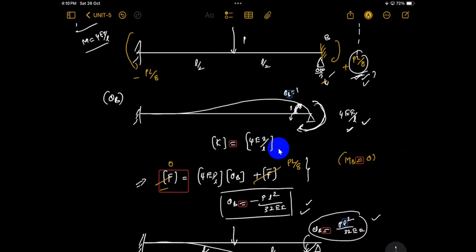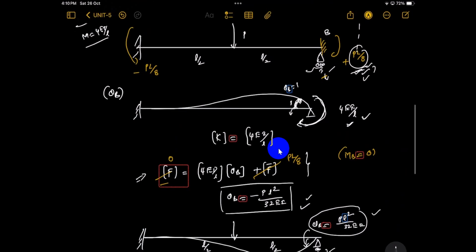But finally we allowed it because it has a hinge support. How much rotation will occur, we want to find out. So per unit rotation this much force, how much it rotated to nullify the PL by 8 moment. So that's the equation. Got the point?